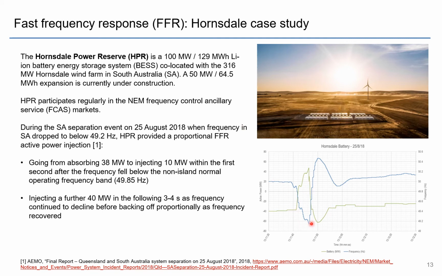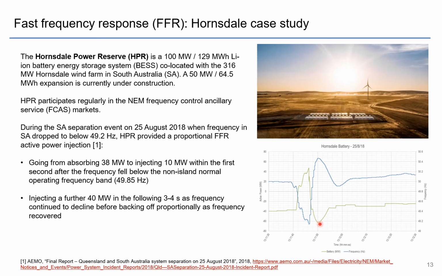49.2 hertz, and the Hornsdale Power Reserve provided a proportional FFR power injection, and provided quite a lot very quickly as well. So it went from absorbing 38 megawatts to injecting 10 megawatts within the first second. And then as frequency kept on falling, it injected another 40 megawatts in the next 3 or 4 seconds before then declining and backing off proportionally as frequency recovered.